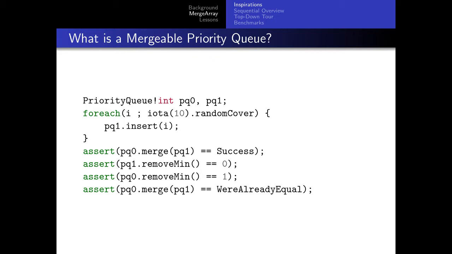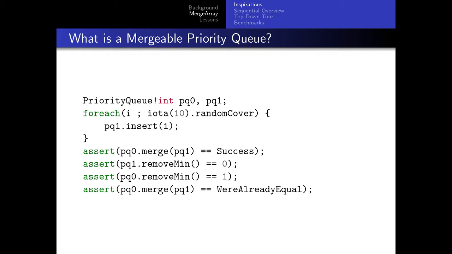Since it's a priority queue, the idea is that you want to remove the minimum value that you've put in. Since I've inserted here 0 through 9, if I do a remove min, I get 0, and then I do a remove min again and I get 1. You see I do it on the two different references, but I'm referencing the same object and removing that value from that object.